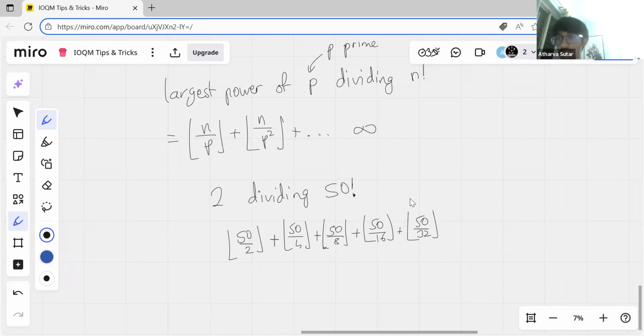The next power is 64, which is greater than 50, so you can stop. This would be 25 plus 12 plus 6 plus 3 plus 1, which adds up to 47, I think.